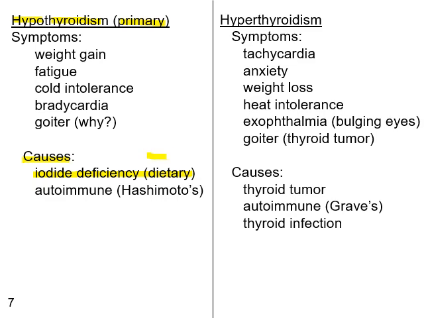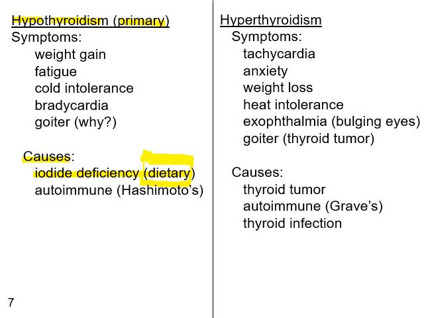And that is why iodide is often supplemented in table salt. If you've read the label of Morton's table salt, many of the canisters will say that it is iodized. And that means that there is a small amount of sodium iodide mixed in with the large amount of sodium chloride in order to provide a small amount of iodide in the diet when you salt your food.